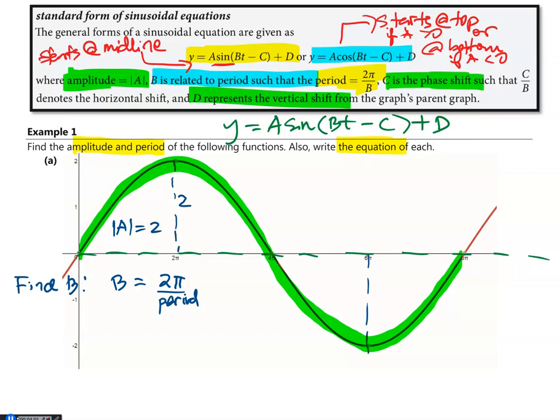So that means b is equal to 2 pi over 8 pi, so your period is equal to 8 pi. And let's simplify this. Pi over pi, 2 over 8. So b is equal to 1/4.